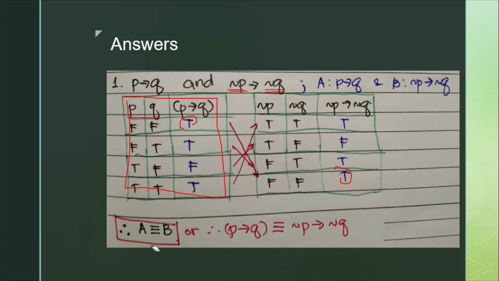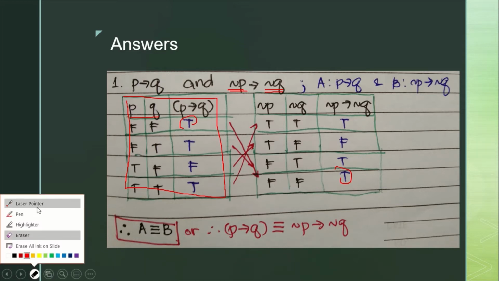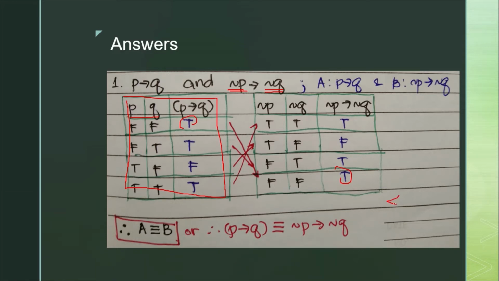And if we get the bi-implication of if P then Q with if not P then not Q, then this should be a tautology.